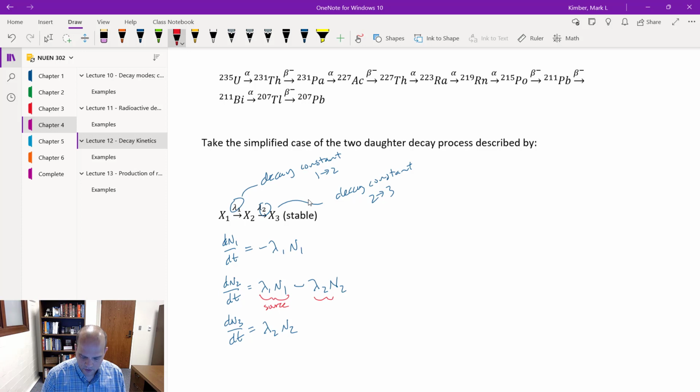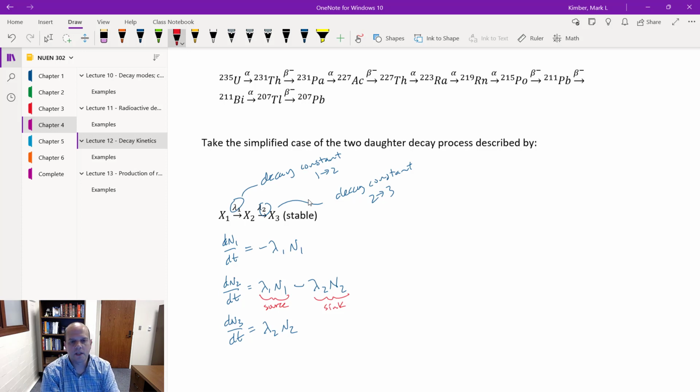But I'm also losing atoms through another decay process to isotope number 3. So this here is my sink. And when the rate equations are expressed like this, that's typically how you know sources from sinks, just by looking at the signs of the terms on the right hand side. A positive term will be a source, a negative term will be a sink.